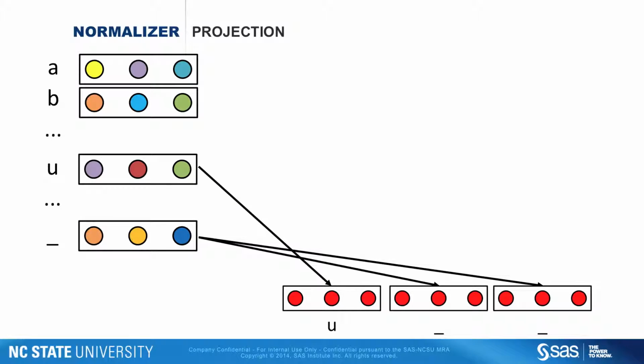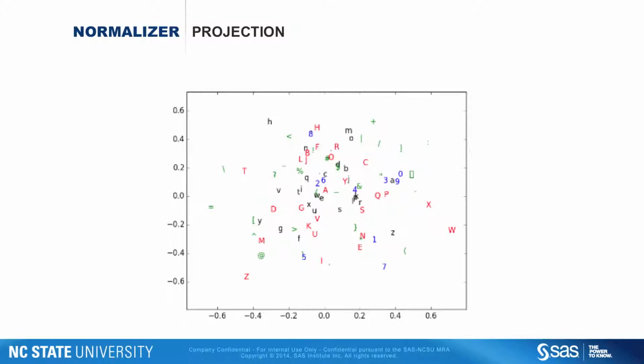So you can think of these weights for each letter as a point in multidimensional space. And we can flatten those points in multidimensional space to show relationships between the letters. And at first, since they've been initialized randomly, the letters have no relationship to each other. All the characters are just randomly displayed.